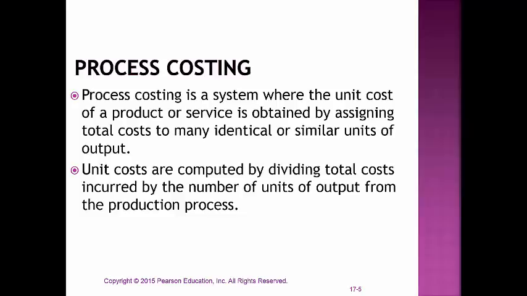And we are going to use those two specific areas to divvy up our costs. So again, we've got direct materials and then everything else, which is the conversion cost. And we're going to use those two costs to give our units a value.